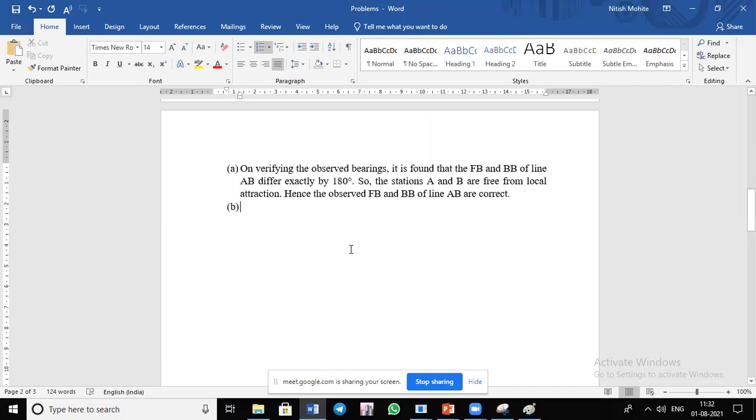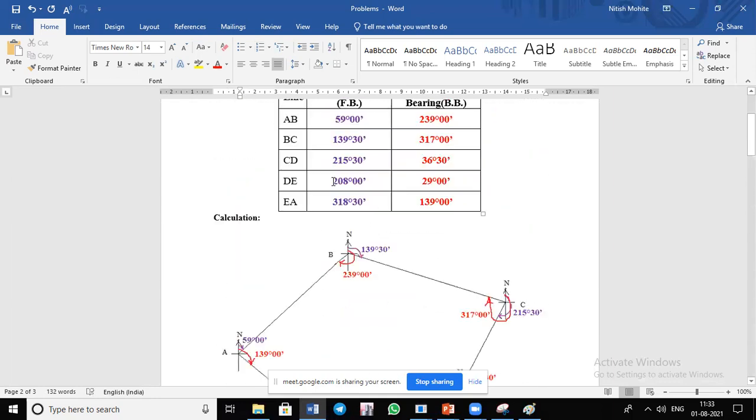Therefore the observed forebearing of BC is also correct, so this value will be correct, that is 139 degrees 30 minutes.